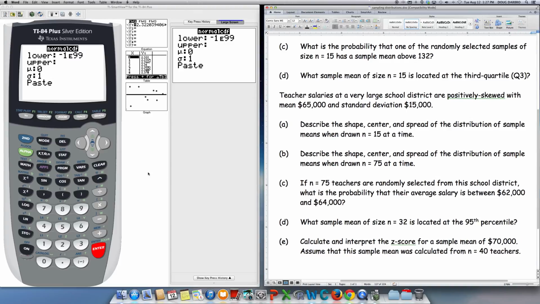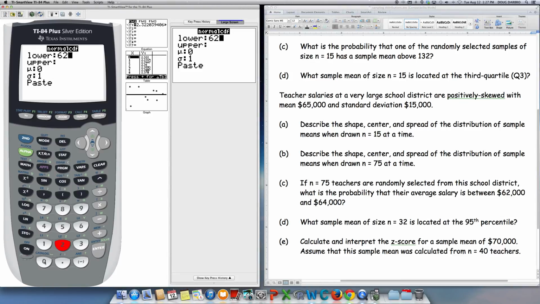Okay, so their average salary is between 62,000 and 64,000. Mean is obviously 65,000. And a standard deviation is going to be 15,000.